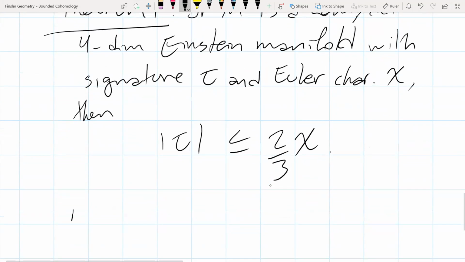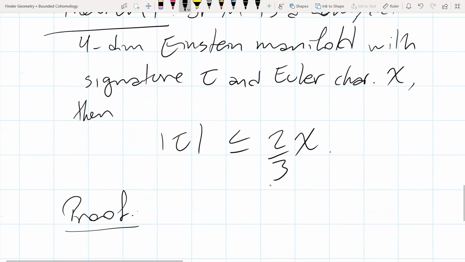So we're going to play with the signature in terms of curvature. We're going to get there in the proof, basically.